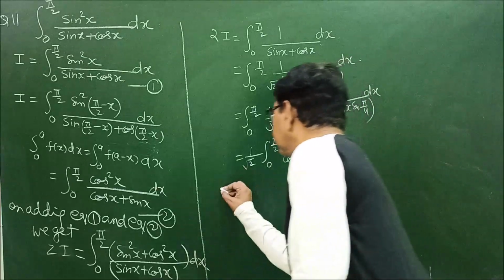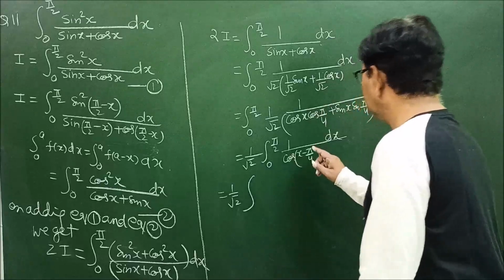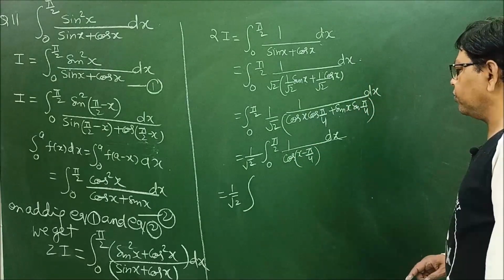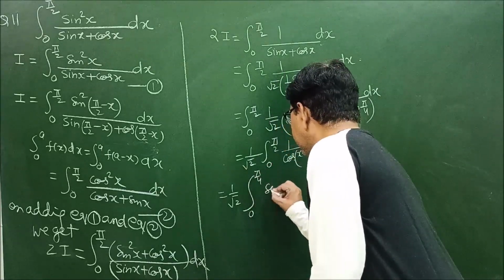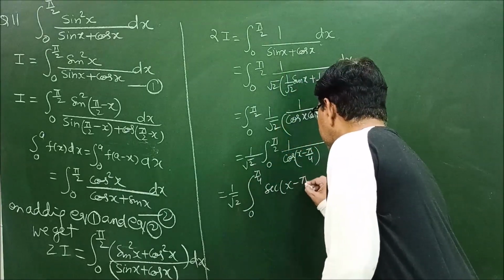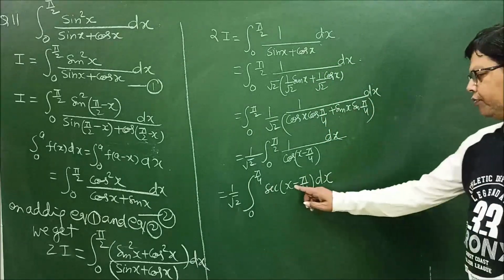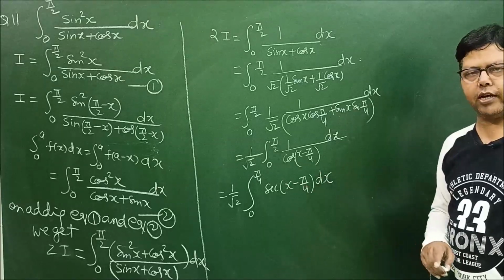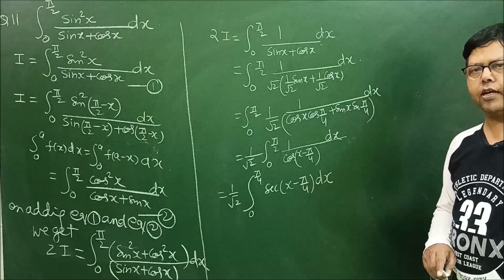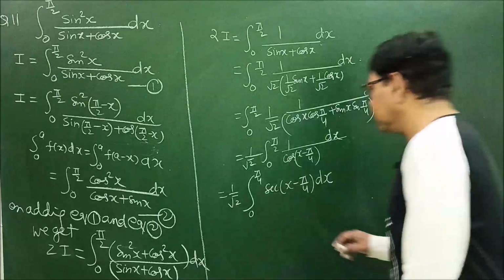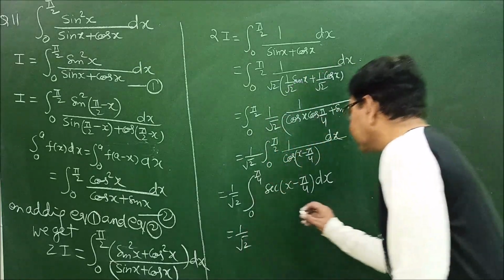So this is equal to 1 by root 2 times the integral of sec of x minus pi by 4 within the limits 0 to pi by 2. The coefficient is 1 here, this is a constant, so directly we can apply the formula of sec x, and we know the integral of sec x is equal to log of sec x plus tan x.